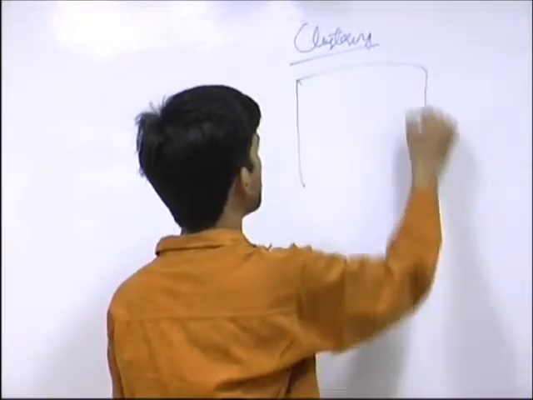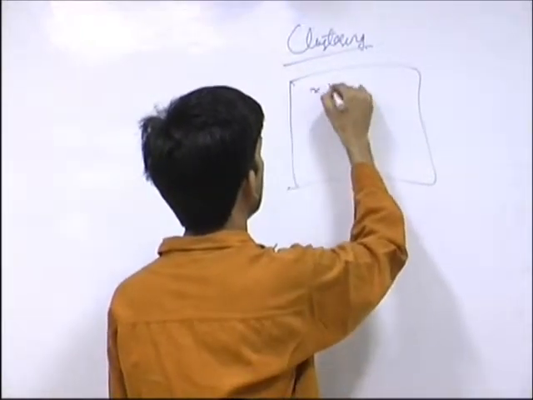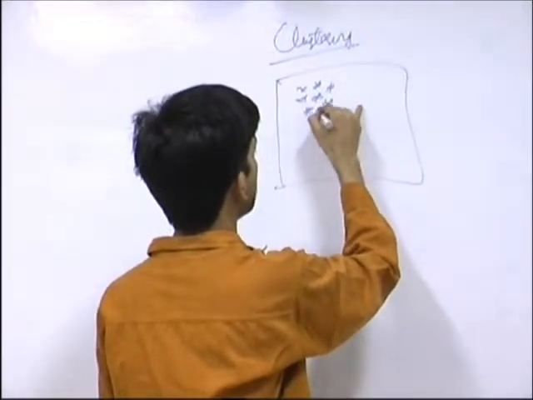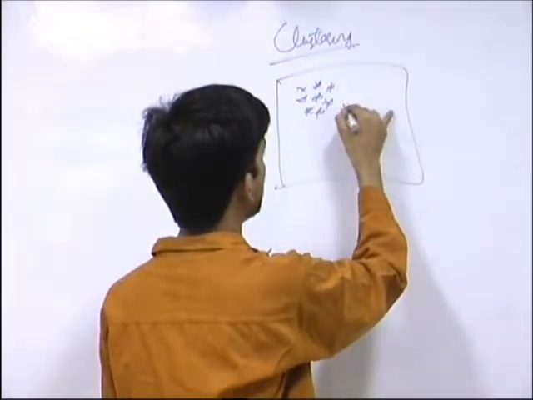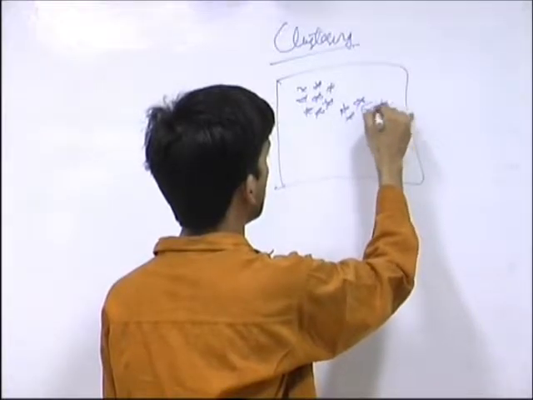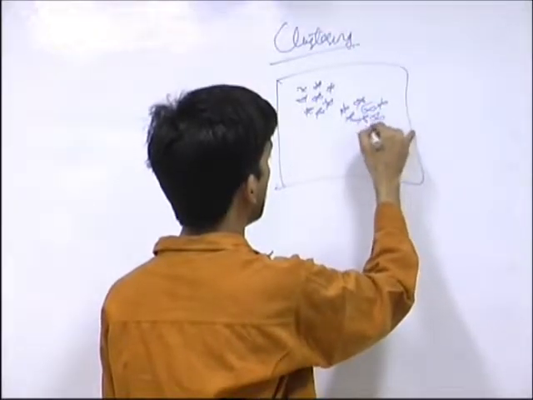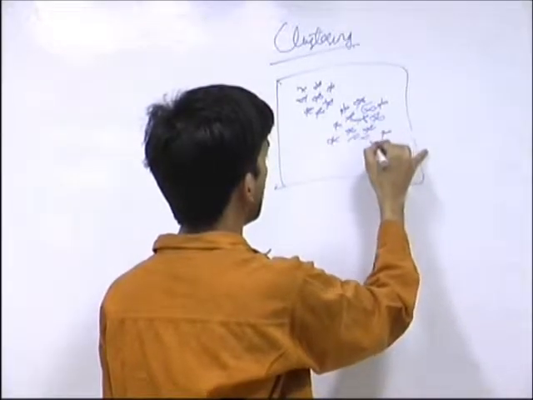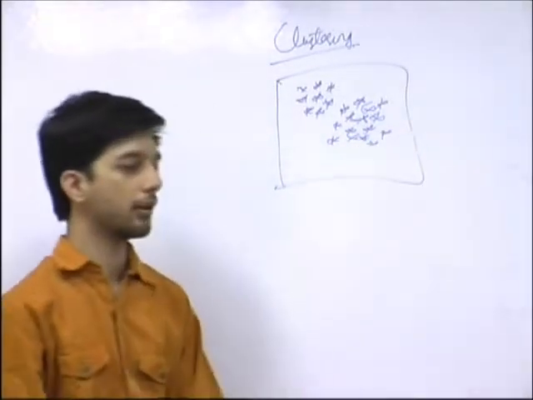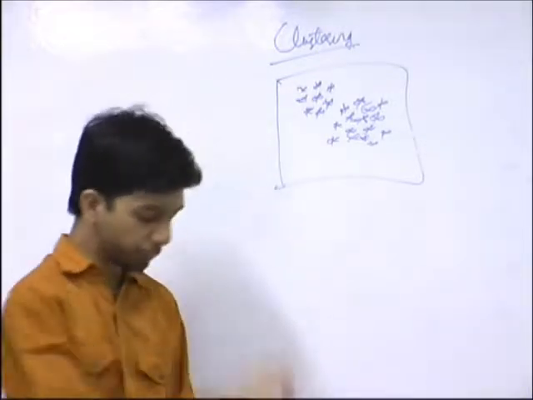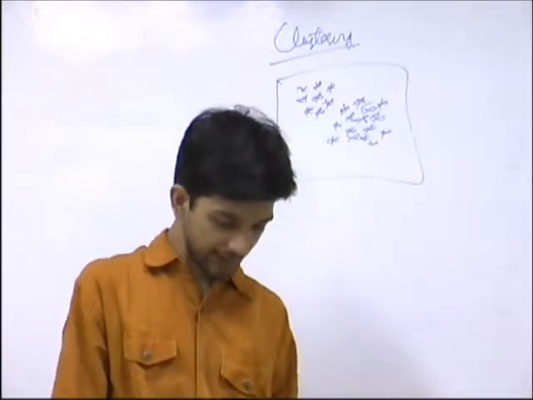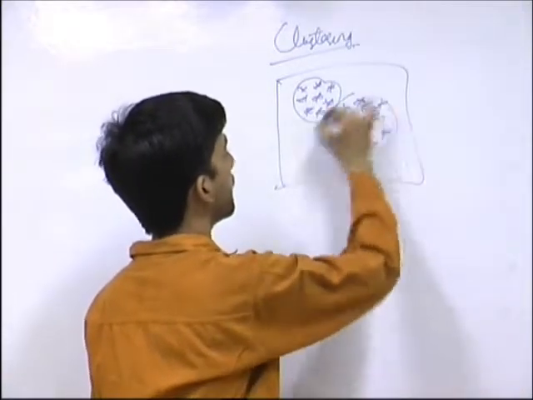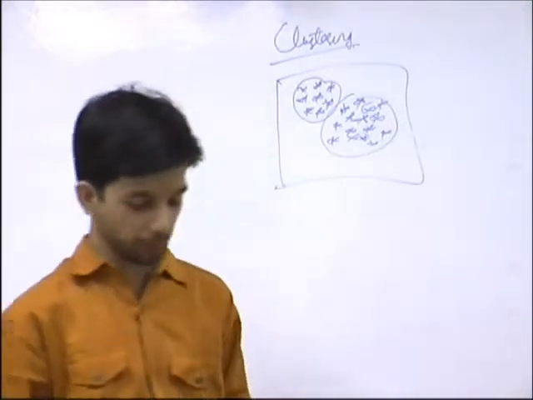There is a large amount of data that when represented graphically is something of this format. What I need to find out is a number of clusters which can be like this. That's what the problem of clustering is.